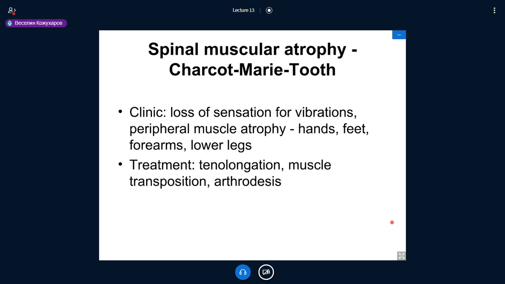Then sometimes we need to perform muscle transposition. And then finally, we could help the patient by performing arthrodesis. As we know that this disease has a progressive course, that's why arthrodesis is the final decision for stabilization of affected joints.